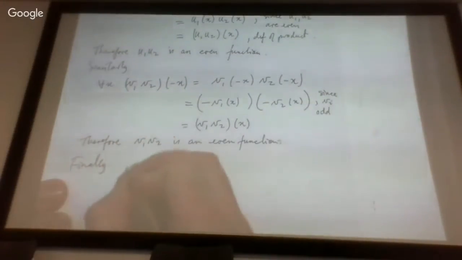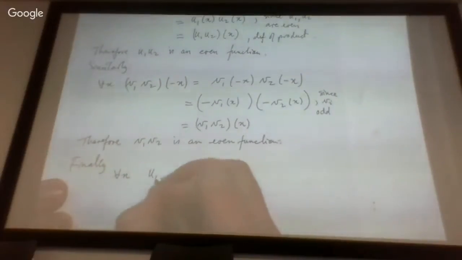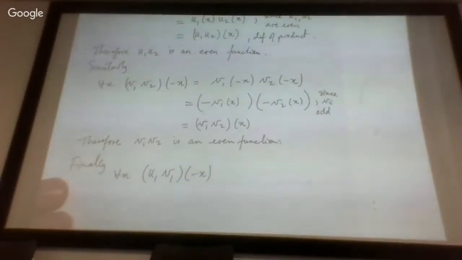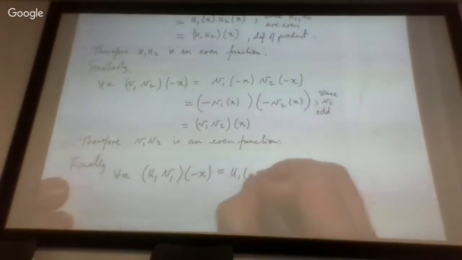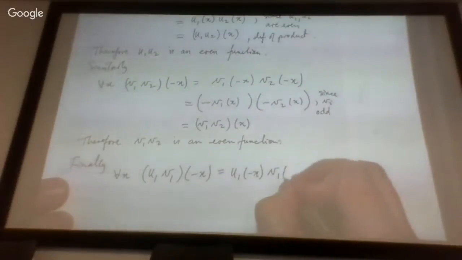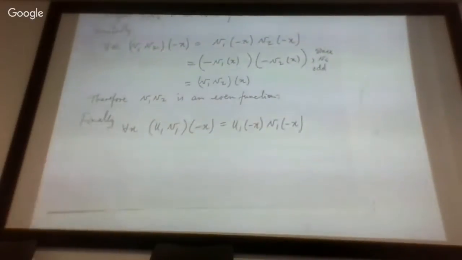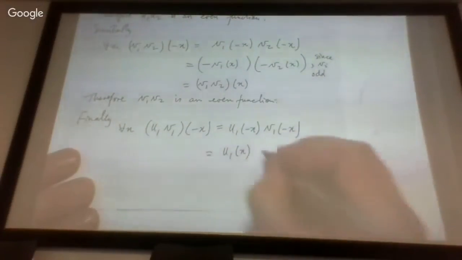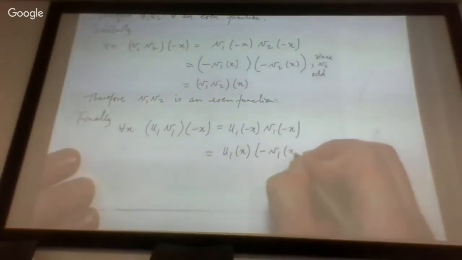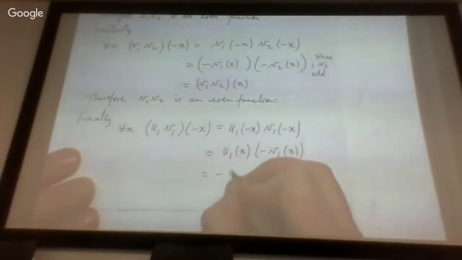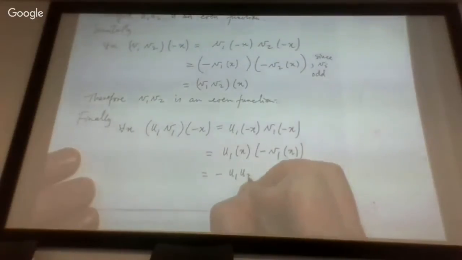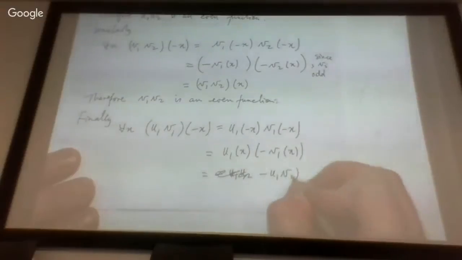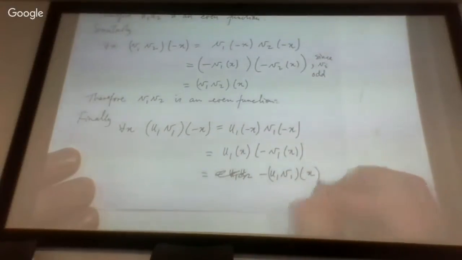So finally, consider the product u1 times v1, an even function and an odd function, evaluated at minus x. By the definition of product, it's just the product of the individual values. But u1 is even, so this is u1 of x. v1 is odd, so this is minus v1 of x. So in total we get minus u1 times v1 evaluated at x.